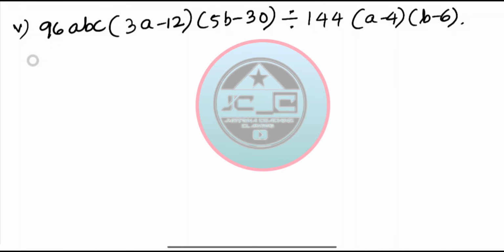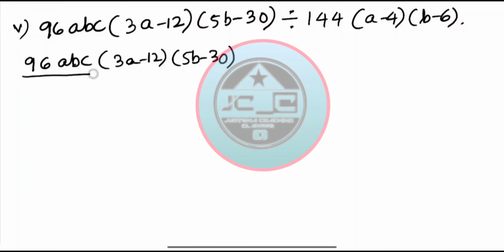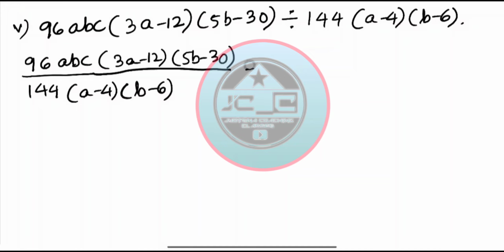Now this is 96abc whole into (3a minus 12) (5b minus 30) divided by 144 (a minus 4) (b minus 6), which is equal to 96abc remains.